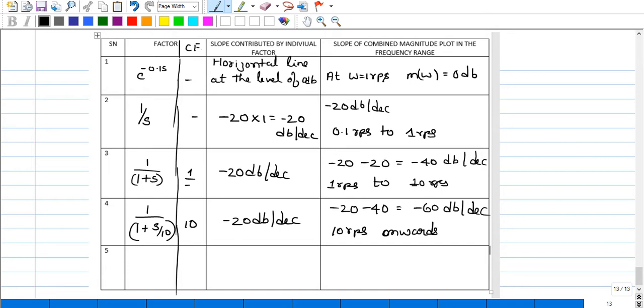that is the magnitude plot. Next we shall consider the angle plot, that is the phase angle plot. Here again in the second step we shall assume k is equal to 1.